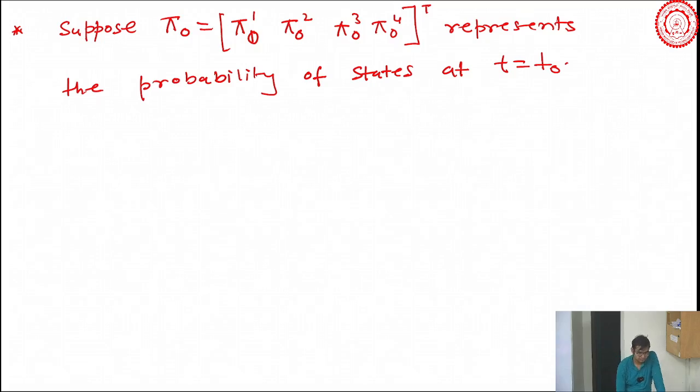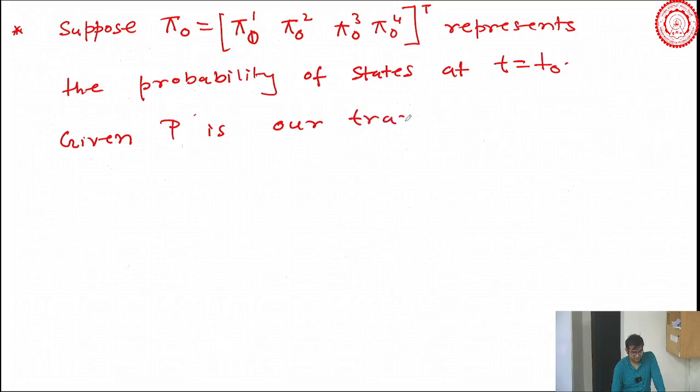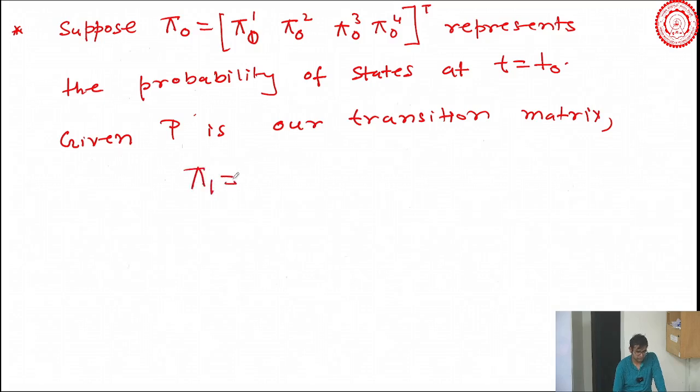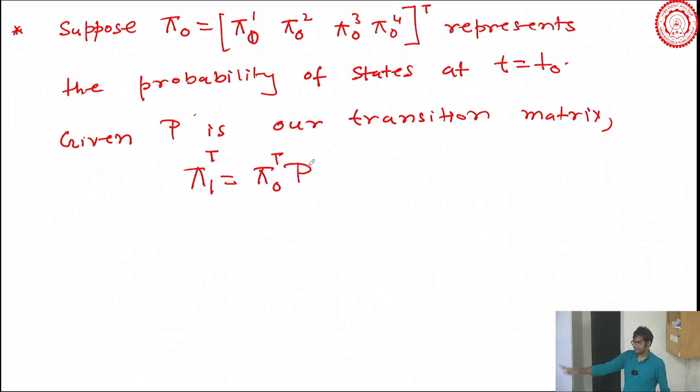So now, given P is our transition matrix, pi 1 will be equal to pi naught transpose times P. I'm just giving you the final answer, but we'll see actually how it comes, whether it is making sense or whether it is just something bogus I wrote.